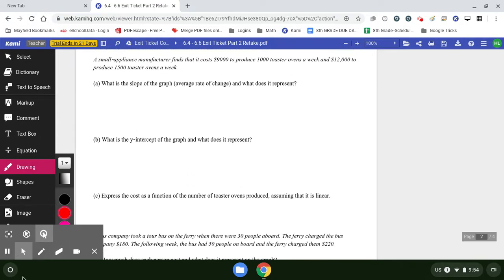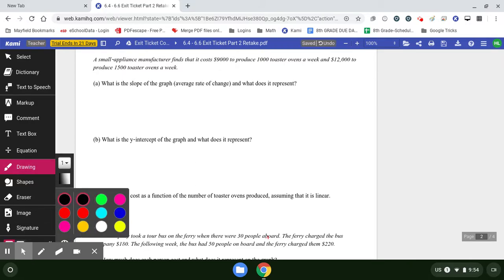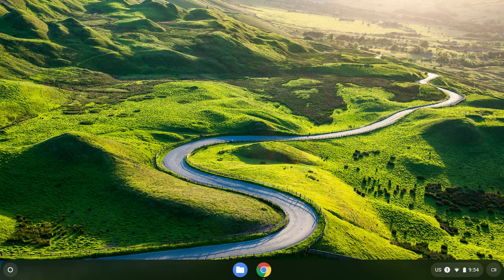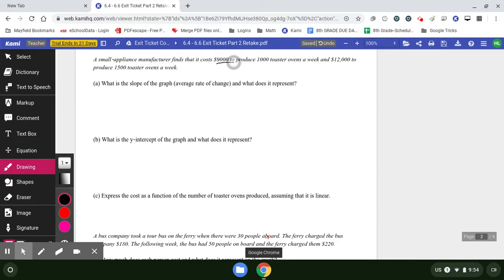Okay, so a small appliance manufacturer finds it costs $9,000 to produce 1,000 toaster ovens a week, and $12,000 to produce 1,500 toaster ovens a week.